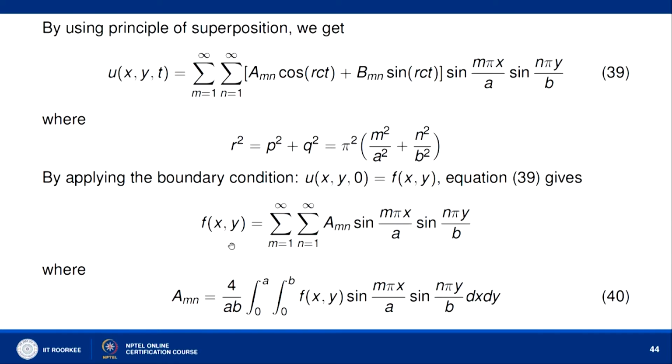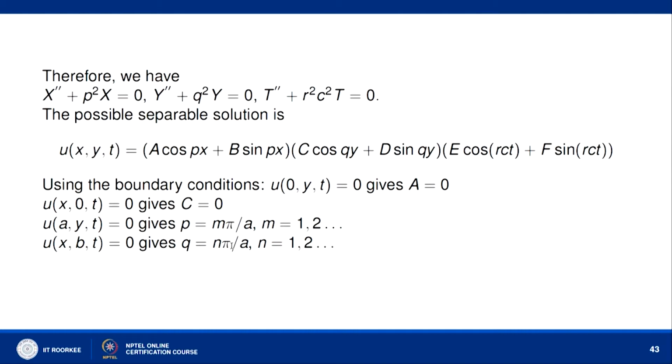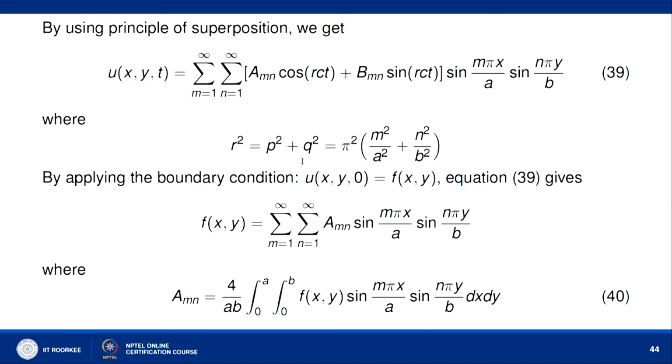So it means that corresponding to each m and n we have a solution here, and let us call this solution u_mn(x, y, t). Here using the principle of superposition, as we have done for the first case, we can write the solution, sum over m equal to 1 to infinity, n equal to 1 to infinity. Let me write the solution to make it more clear.